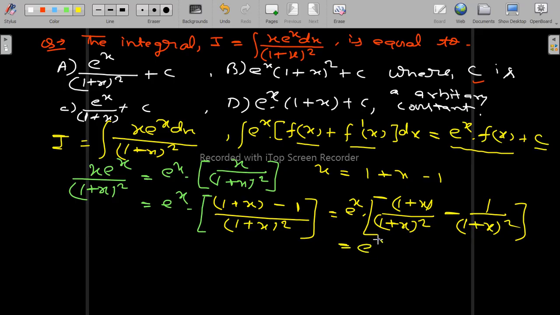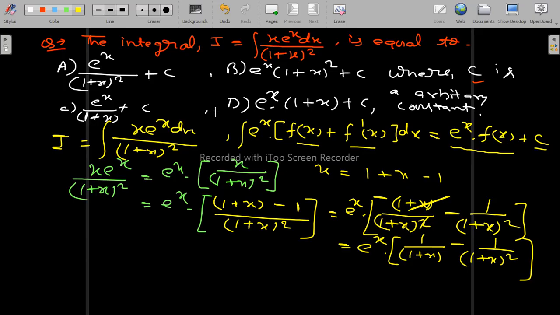Now this is e power x, and 1 plus x, the power of 1 plus x will cancel from here, so you will be left with 1 plus x only, and this is minus 1 upon 1 plus x whole square.